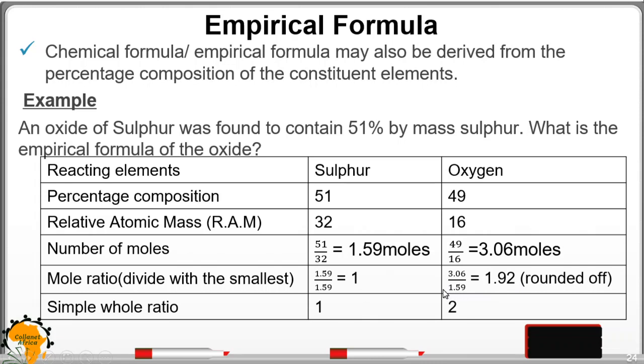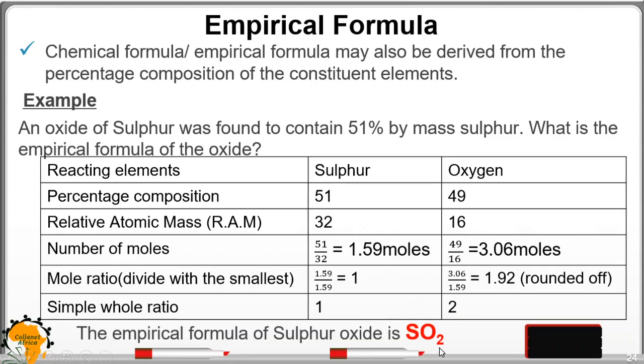It is good to note we are dividing both moles by the smallest value. This is rounded off to the nearest whole number because it is nearer to a whole number. So 1.9, simply call it 2, rounding off, and this one remains one. So 1 mole of sulfur combines with 2 moles of oxygen. So sulfur oxide is written as SO2.